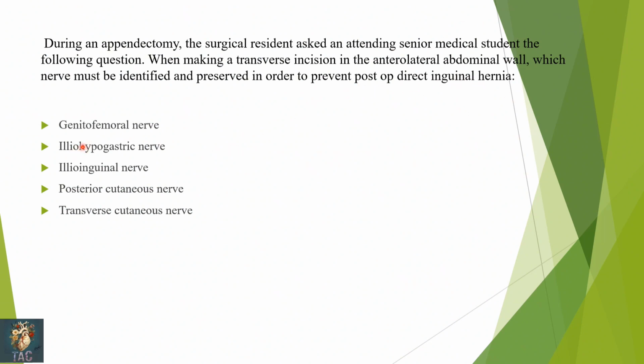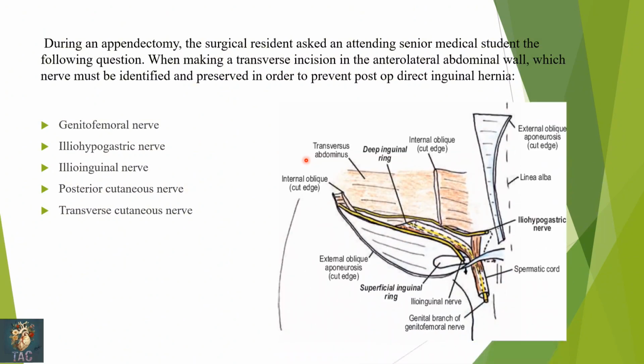Genitofemoral, iliohypogastric, ilioinguinal, posterior cutaneous nerve, or transverse cutaneous nerve. So please remember that the ilioinguinal nerve is present in inguinal canal along with either the spermatic cord or the round ligament in female, and it should be secured, preserved and identified during surgery. So this is the answer to the question.